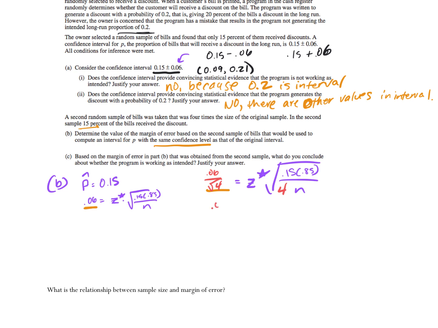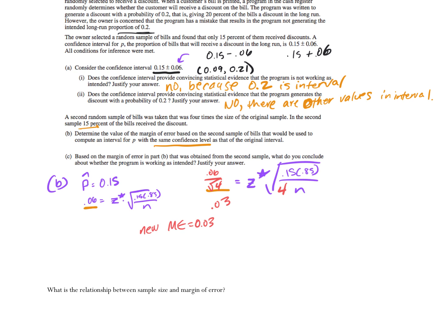Which is 0.03. Whatever you do to your sample size, you do the inverse square root to your standard deviation, which means you do the inverse square root to your margin of error.